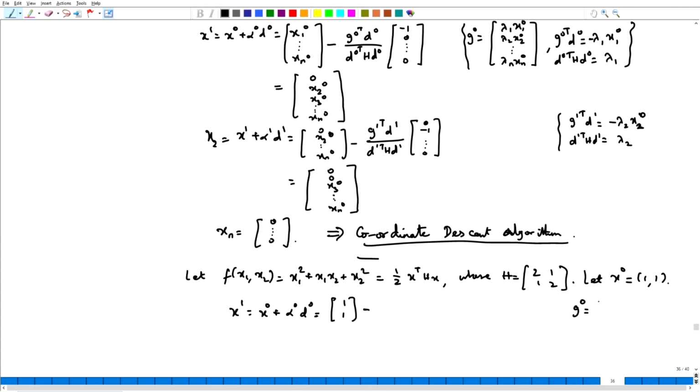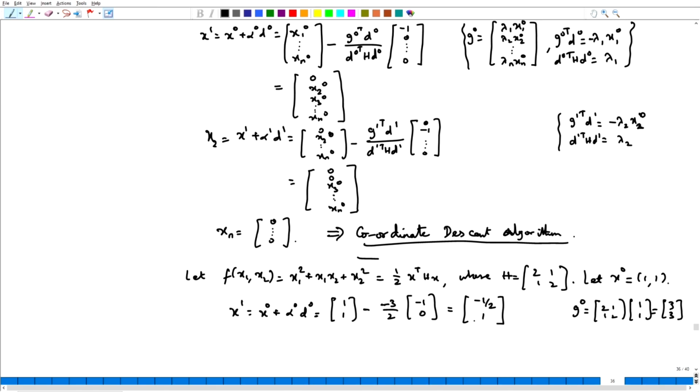So, that is [2 1; 1 2] into (1, 1), which is (3, 3), okay. And so, if you multiply it with minus 1 0, it is minus 3, and d naught transpose H d naught is 2. So, you have minus 3 by 2 into minus 1 0. So, yeah, this remains as 1, no issues, but here you have minus 1 by 2.